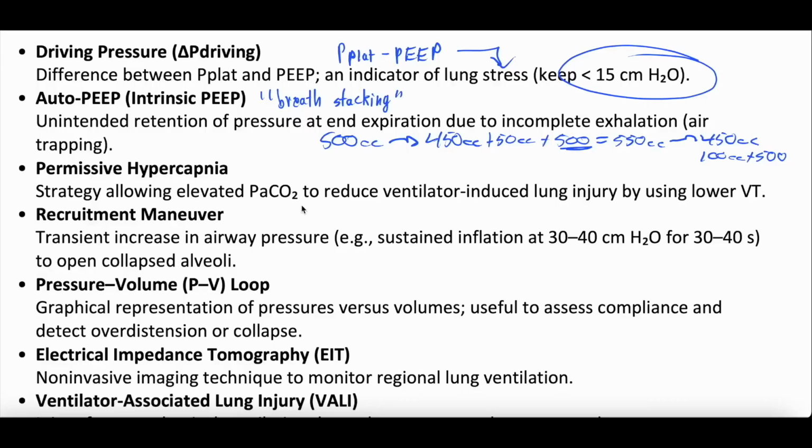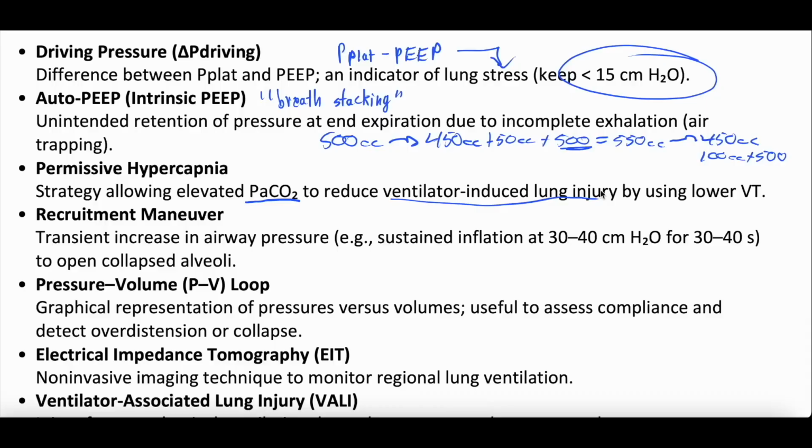Permissive hypercapnia. This is the concept where we allow an elevated amount of arterial carbon dioxide, PaCO2, as a way to reduce ventilator-induced lung injury. So in our patients with ARDS, this is something we do. We really want to make sure those patients aren't getting barotrauma, which is where you get over-distension in the alveoli causing damage.